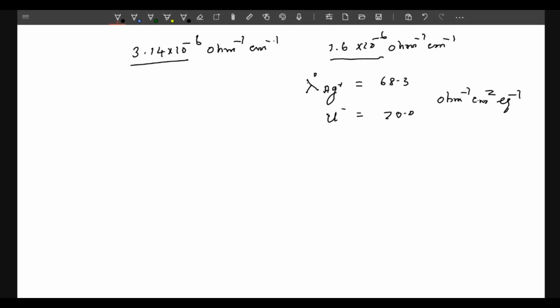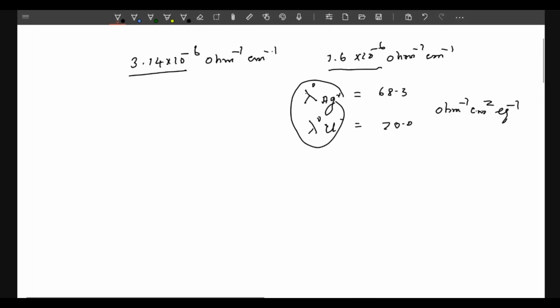And making use of this, you can calculate the lambda of the silver chloride. That can be easily obtained. Here, equivalent weight they are giving. Here, it is a 1:1 electrolyte, the valence factor is 1. Therefore, equivalent weight or molarity are one and the same.